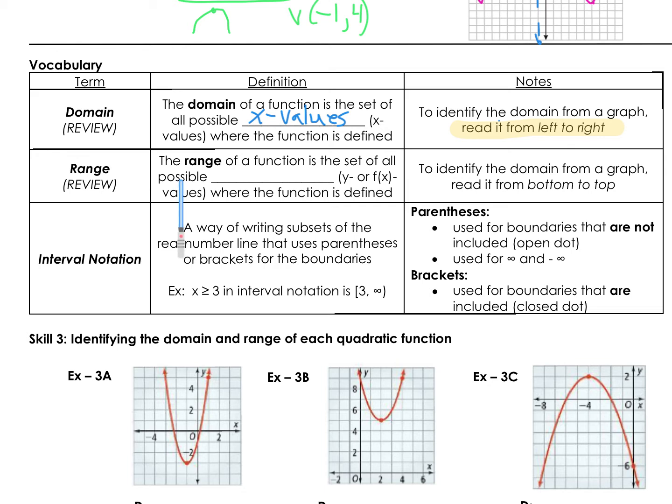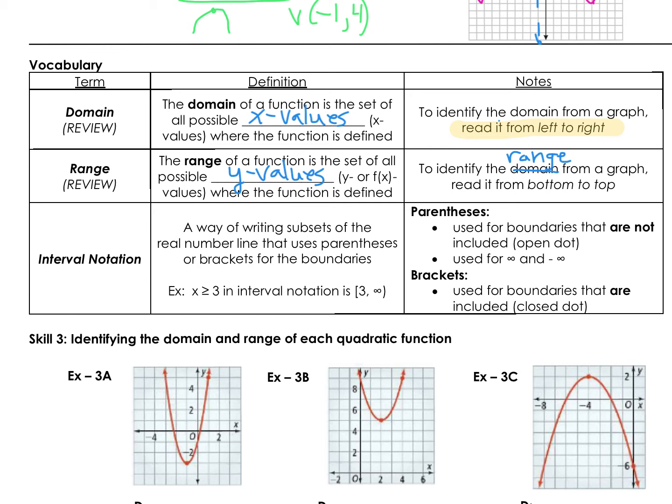Then the range of a function is the set of all possible, and again, I think this should say y values, because that is what it is. Oh, interesting, so they have a mistake. This should not be domain, it should be range, and I didn't notice that in class today.